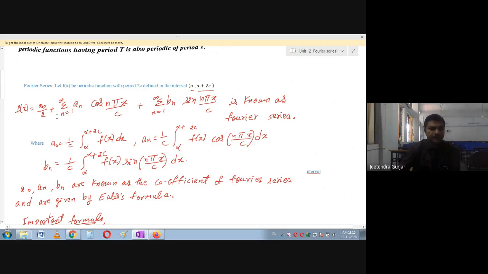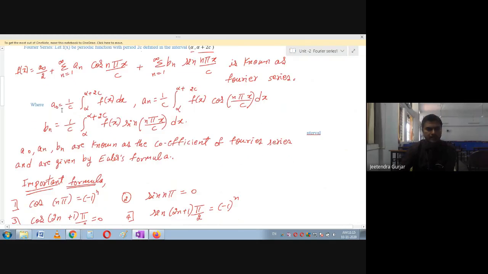Then f of x is equal to a naught upon 2 plus summation n equals 1 to infinity a n cos n pi x upon c plus summation n equals 1 to infinity b n sin n pi x upon c, which is known as the Fourier series. Please repeat this formula, practice this formula, because throughout this full unit or chapter, this formula is very important.